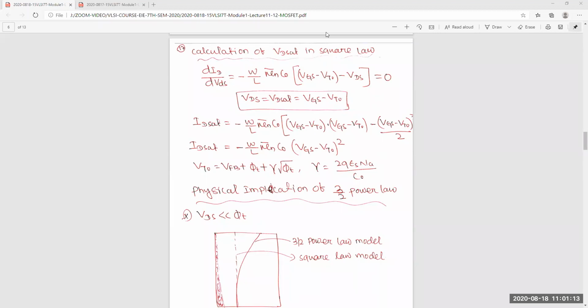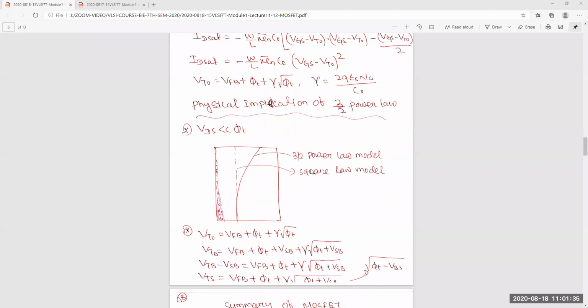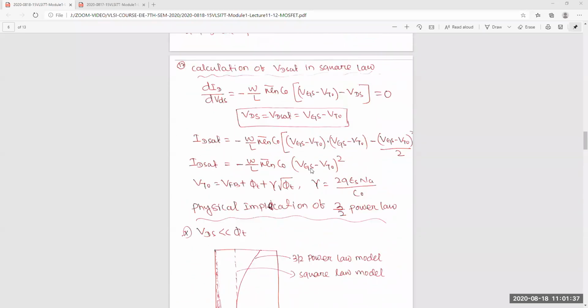Okay. These things finally, after some approximation or adjustment, whatever you do, you will get this equation. This is your IV equation for a transistor.